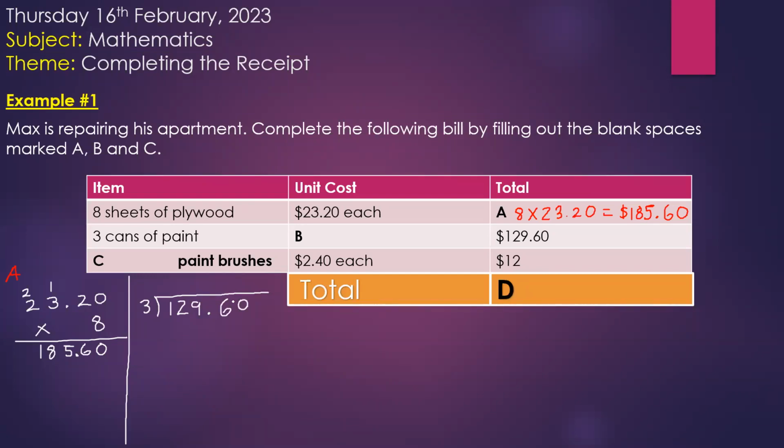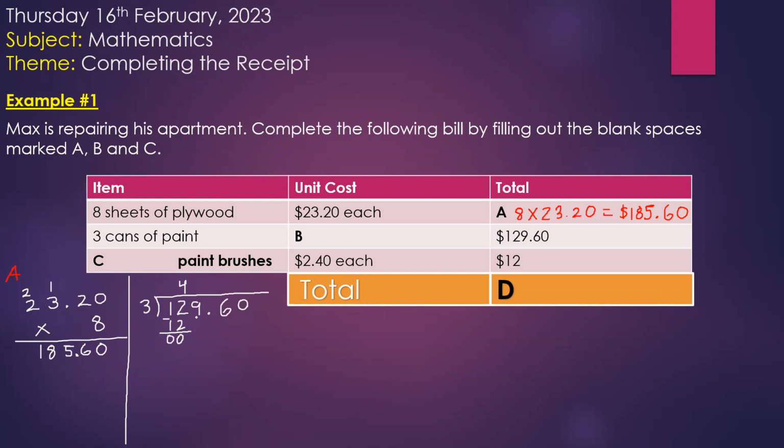All right, how many times does 3 go into 12? 4 times. 3 times 4 is 12. So we subtract, and 12 minus 12 is 0.